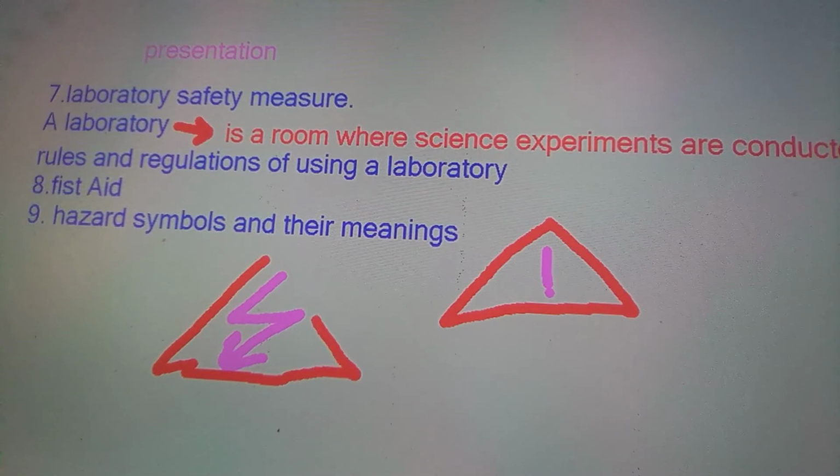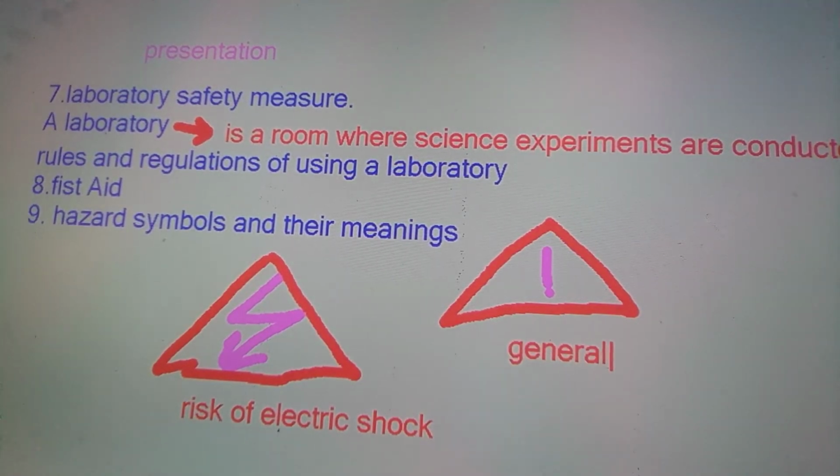We can see many different symbols and their meaning, but this one is the risk of electric shock, while this one is a general danger.